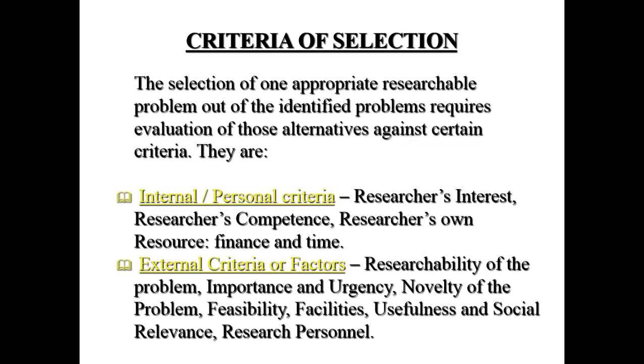The internal or personal criteria is also important, which shows who the researcher is and what the interest of the researcher is. Being a student of information technology, computer systems, computer science or software engineering domains, we must understand that there are lots of areas within that particular domain.